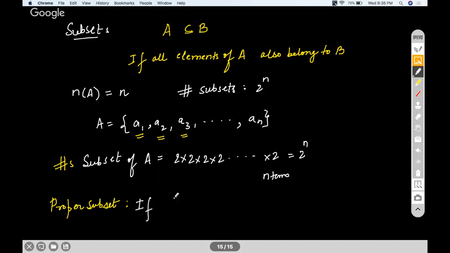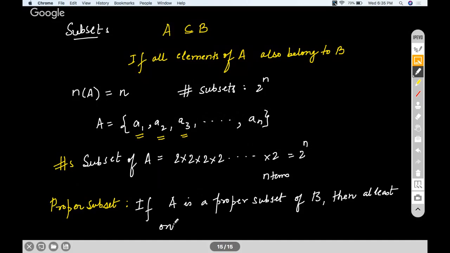If A is a proper subset of B, then at least one element of B does not belong to A.